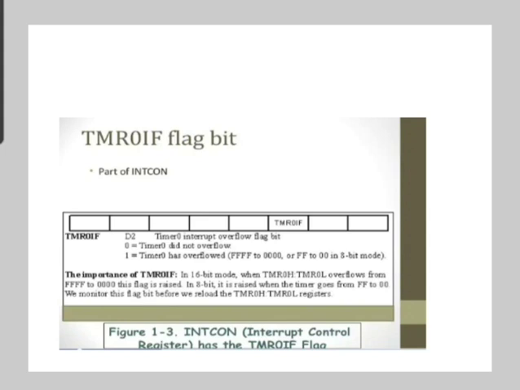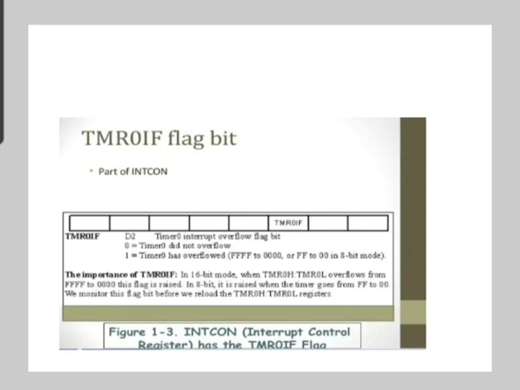Then there is the timer 0 interrupt flag bit, TMR0IF. The importance of this flag bit is that in 16-bit mode, when timer 0H and timer 0 low overflow from FFFF to 0000, then this flag is raised.